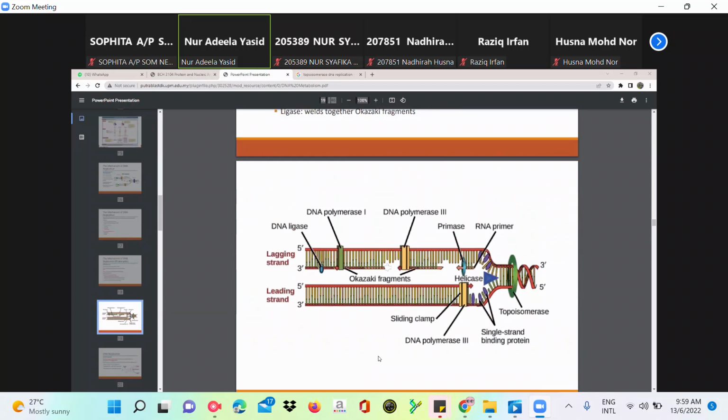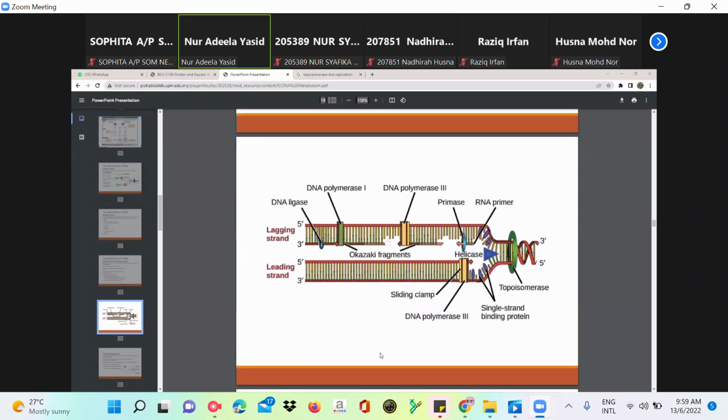So this is the general figure to explain DNA replication. From double-stranded DNA, we have helicase that helps to unwind the double helix. Once helicase breaks down this double-stranded DNA, single-stranded binding protein comes in to help keep the helix open.